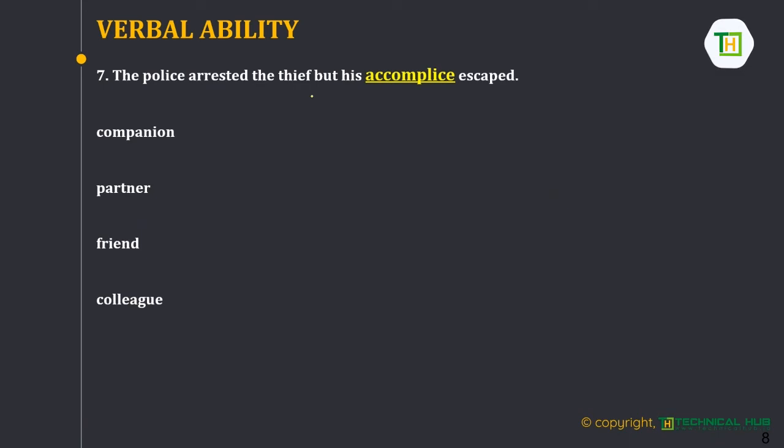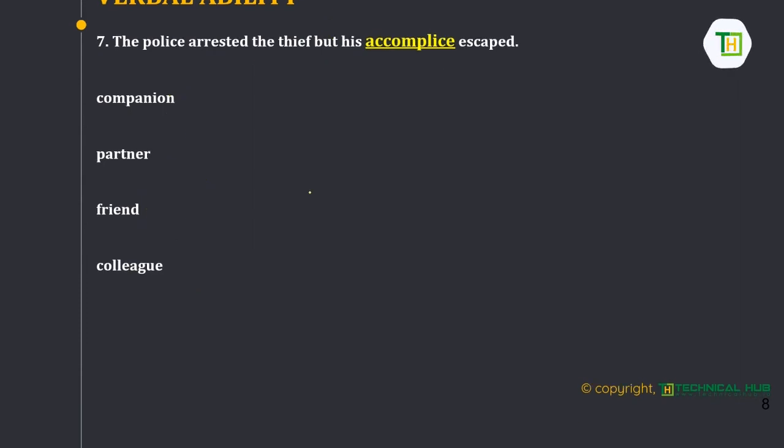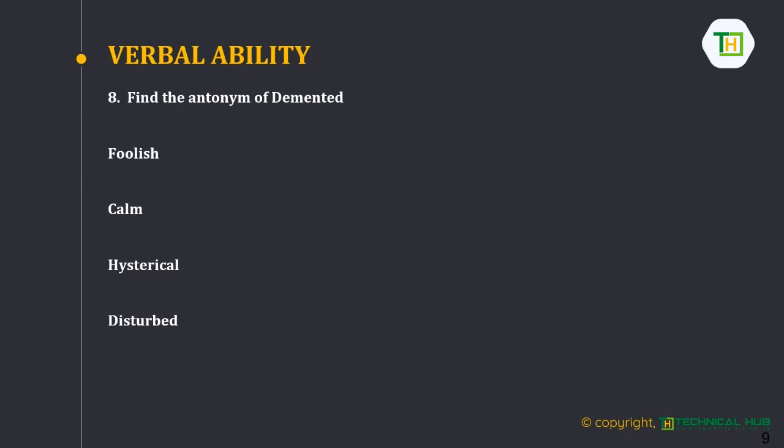The police arrested one person, but whenever you see but, it means a negative meaning only. For example, he is a very good boy, but he has some selfishness. So accomplice means the partner of the crime. We cannot use friend or colleague, so directly we can use it as crime partner. You might have heard that term.